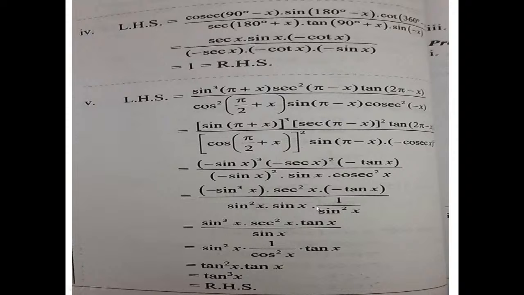Sin square x cancel, minus minus becomes plus, sin cube sec square x into tan x upon sin x. Sec square x can be written as 1 upon cos square x, into tan x, so tan square x into tan x, which is equal to tan cube x. This we want to prove.